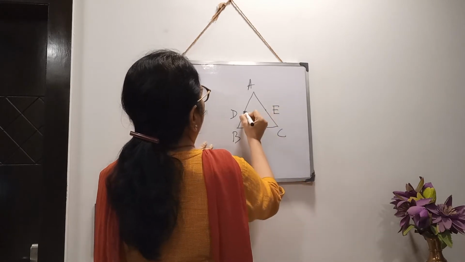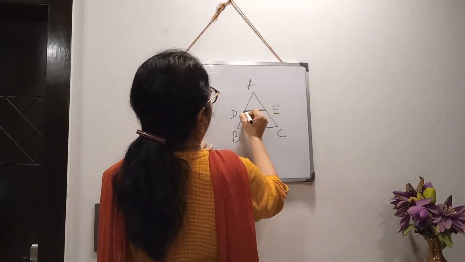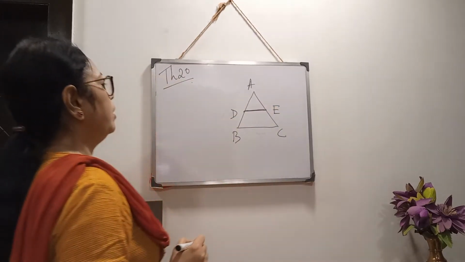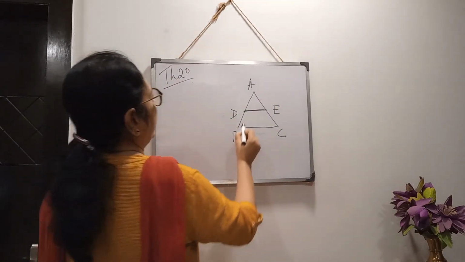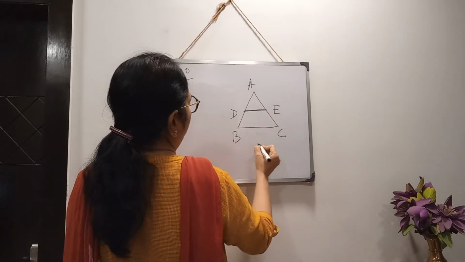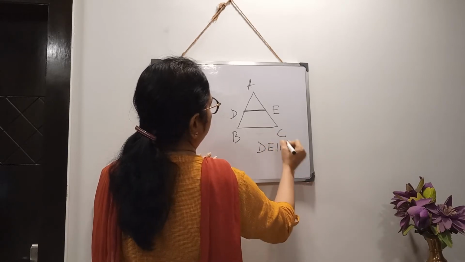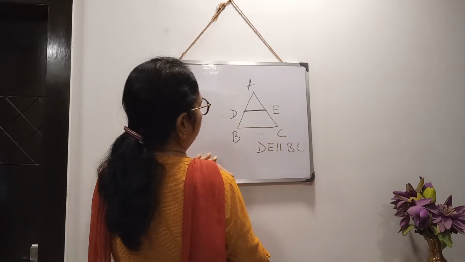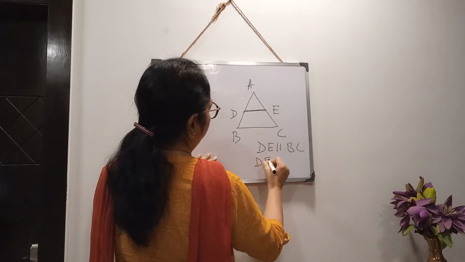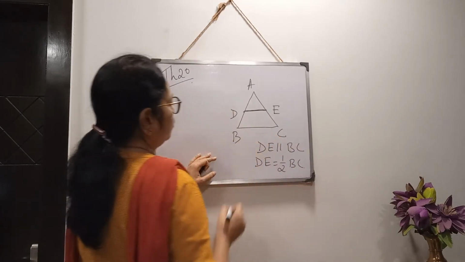I am joining D and E. So the line segment DE, what is to prove? We have to prove that DE is parallel to the third side, here the third side is BC, and half of it. Clear?